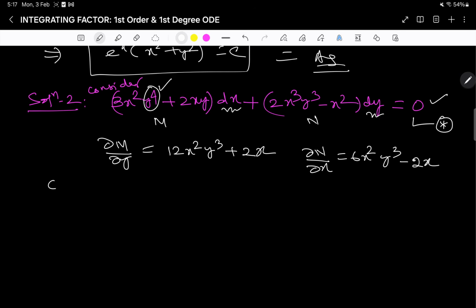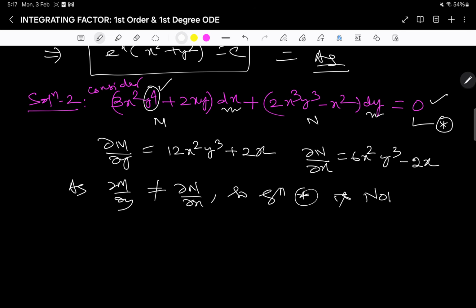However, clearly del M by del y is not equal to del N by del x, so equation star is not exact.